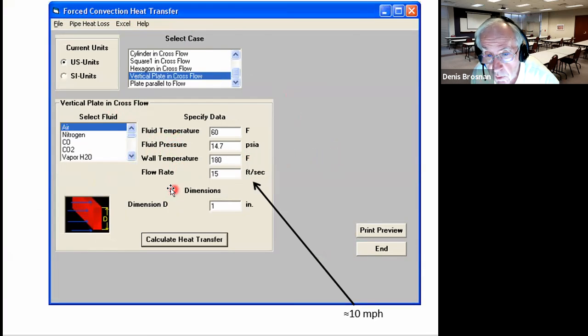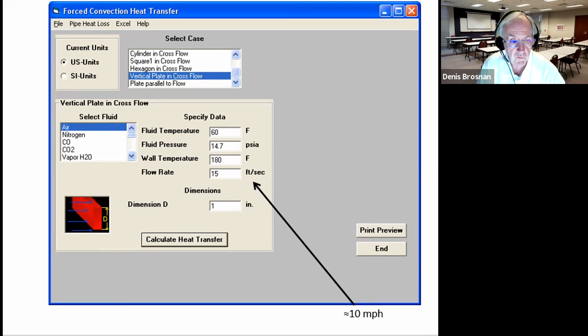And here, we're going to calculate what would happen at about 15 feet per second, or that's about 10 miles per hour. So we could just press calculate. You'll get the answer. I didn't show you the answer in the interest of saving a little time.